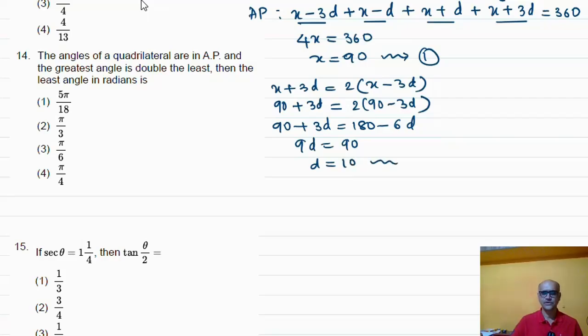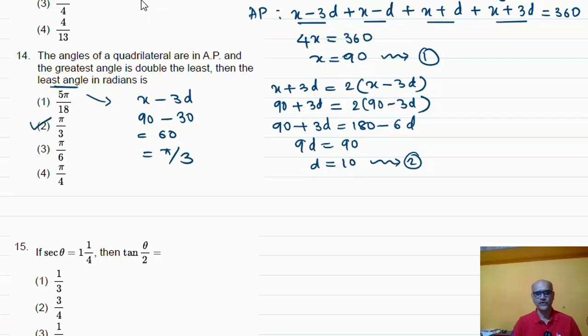Find the least angle, he says. Least means smallest, that is x minus 3d. X is 90 minus 30, that is equal to 60. 60 is the answer, under option 2. Option 2.